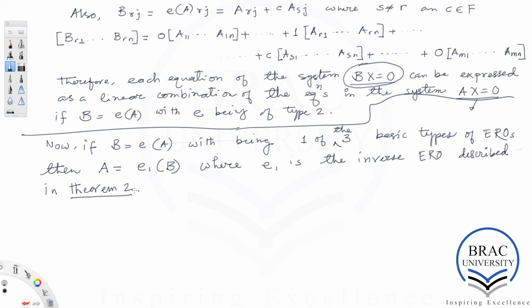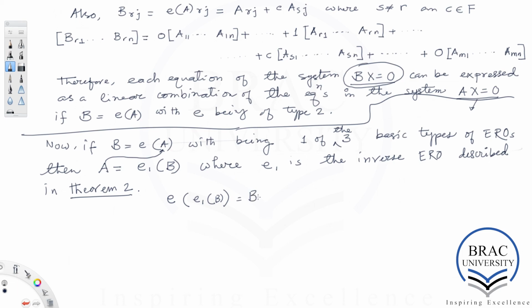Okay, so why is it the case? Because if you plug in A here, you immediately see that you get B back, meaning that E of E1 of B is equal to B. This is why this holds.